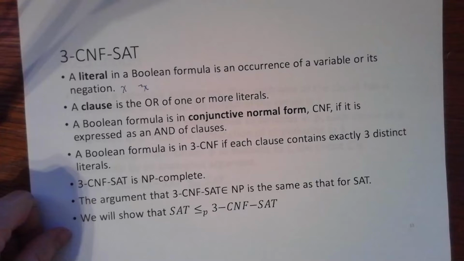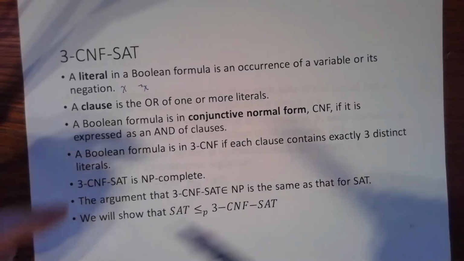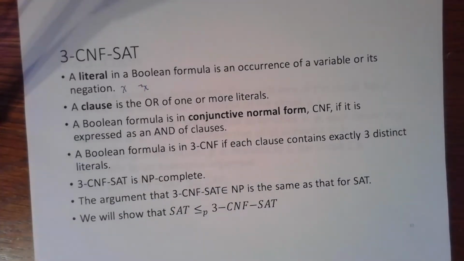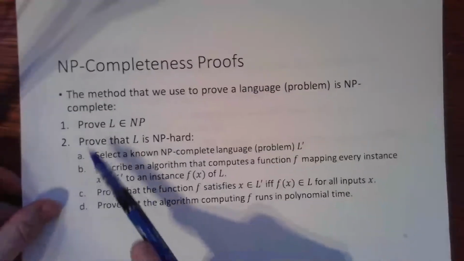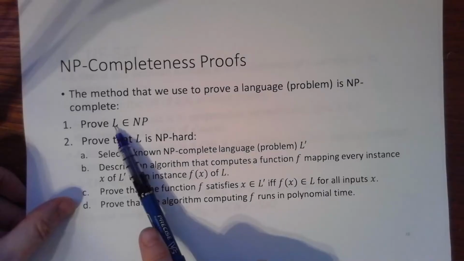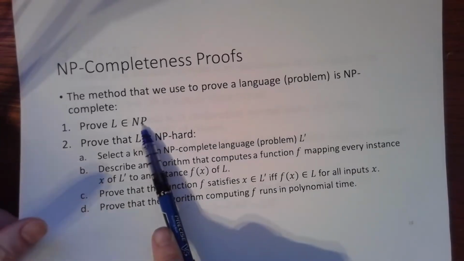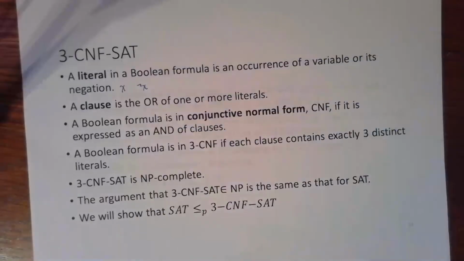Remember, in NP-completeness proofs the very first step is always to show that the language or problem is in NP, that is, verifiable in polynomial time. The argument is basically the same as it was for satisfiability.